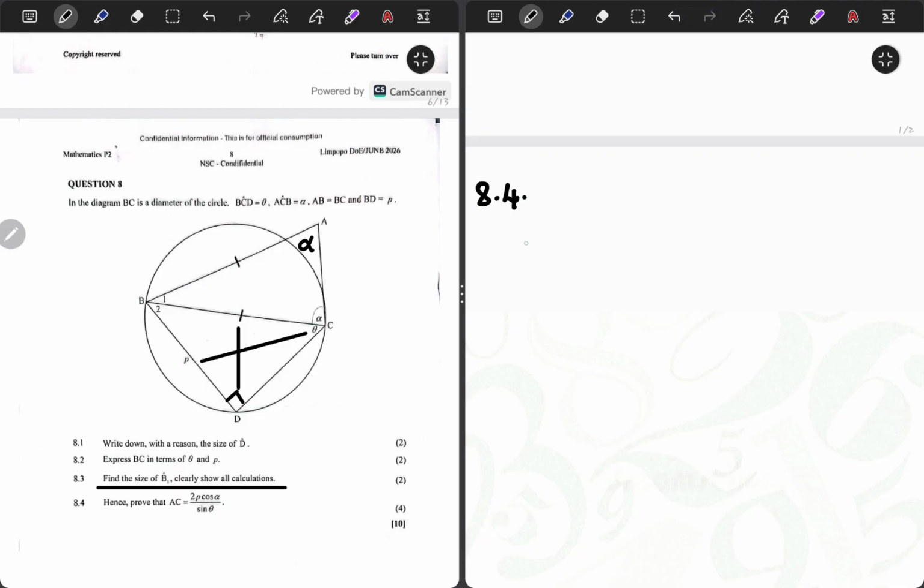Okay, now looking at 8.4, they say we should prove that AC, which is this one here, must be equal to this one. So how can we do so?